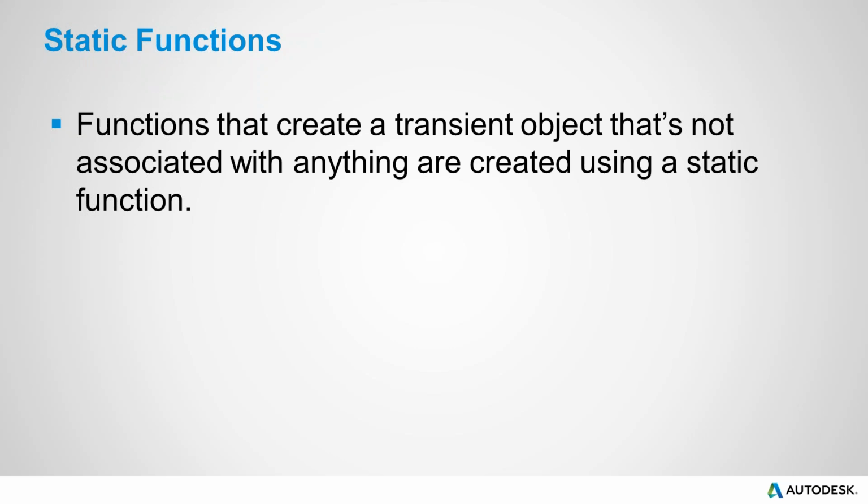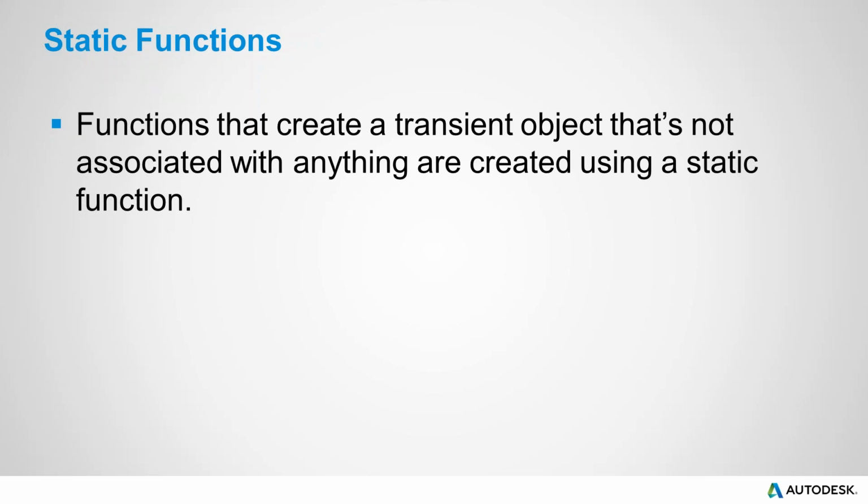But what that means is that the objects that you create statically are what we call transient. So they're not owned by anybody, and they don't exist inside Fusion. You won't see anything get created. It's just an API only object that's usually used as input for something.